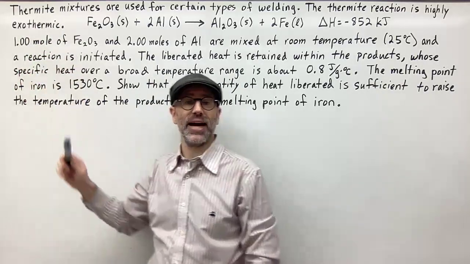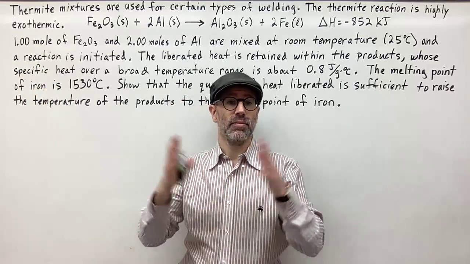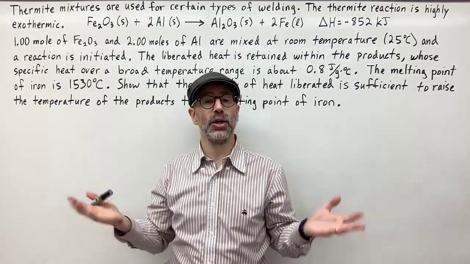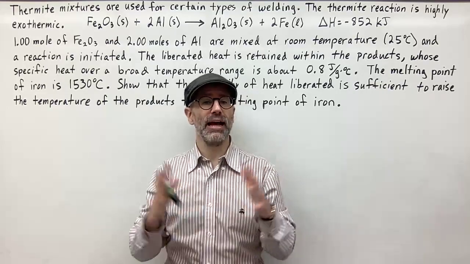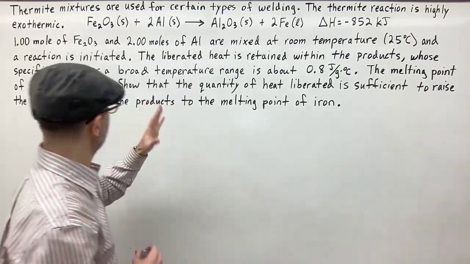So this is not a limiting reagent problem. Both reactants are going to react completely and we're not going to have any left over. So that's great, we don't have to figure that out.